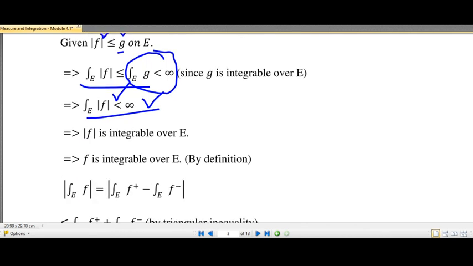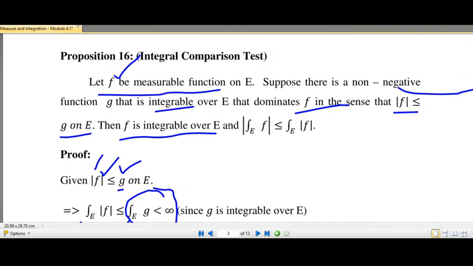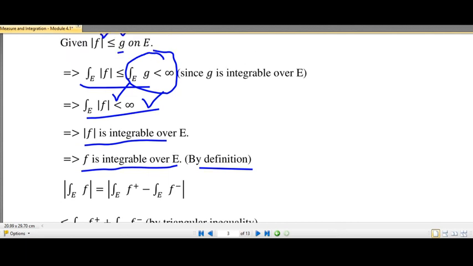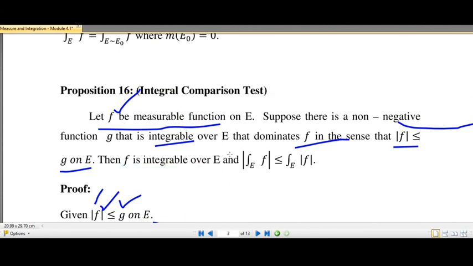And we assumed that f is a measurable function and modulus of f is an integrable function. Then by definition, f is an integrable function over E. This is what we proved, the first part of the integral comparison test: f is integrable over E.